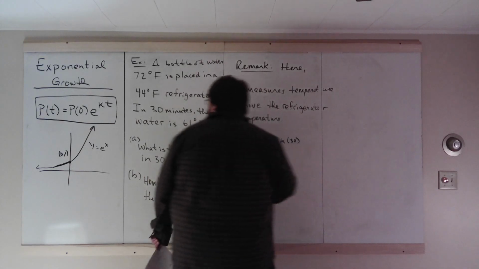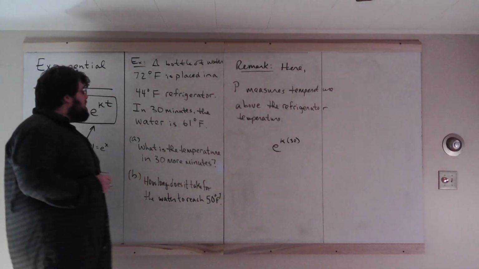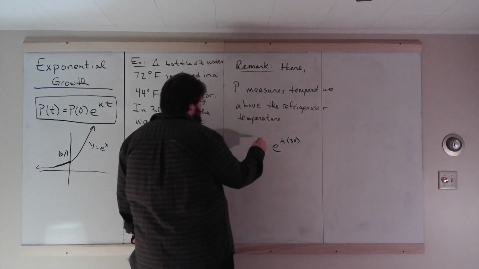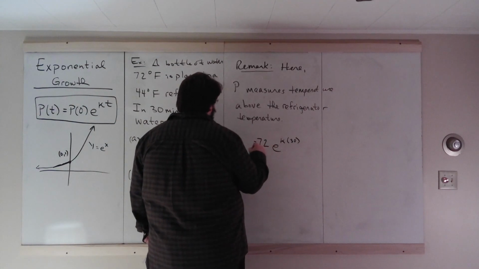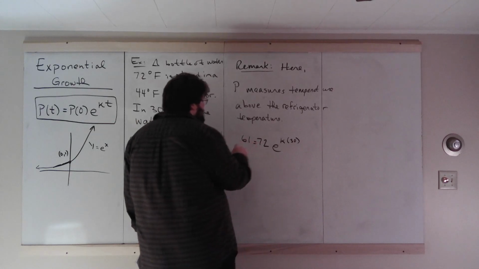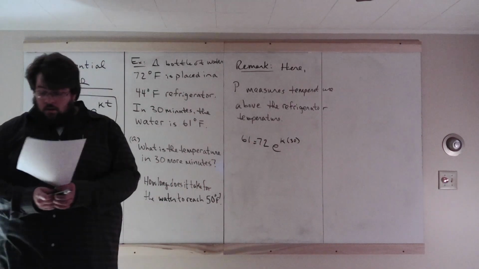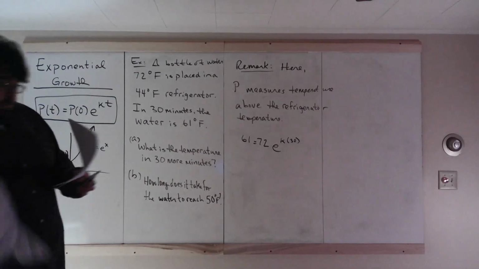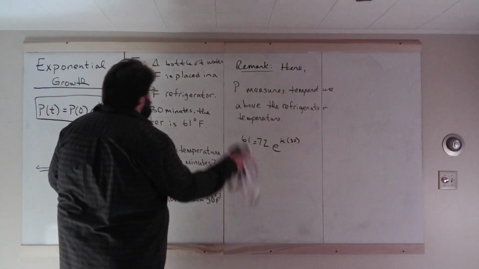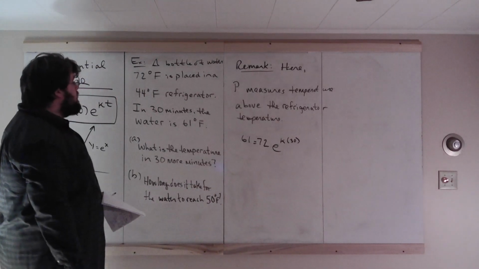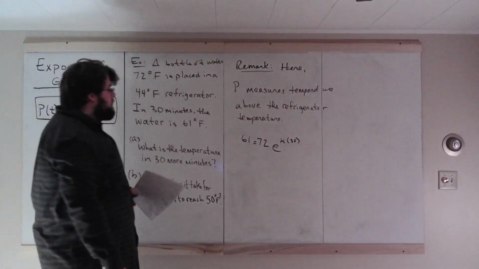What is our base temperature? Well, the bottle of water starts at 72 and gets to 61. But those are not measured above the fridge temperature. The fridge is 44 degrees.